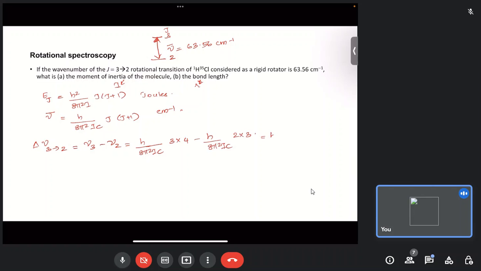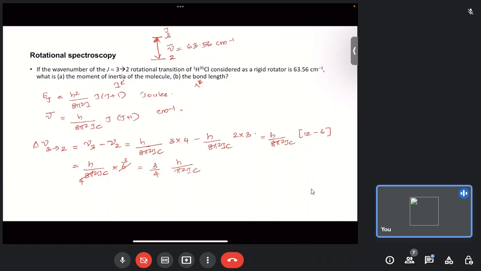So this is going to be h by 8 pi square I c into 12 minus 6, which is h by 8 pi square I c into 6. This can be cut down to 3 by 4, so 3 by 4 h by pi square I c.